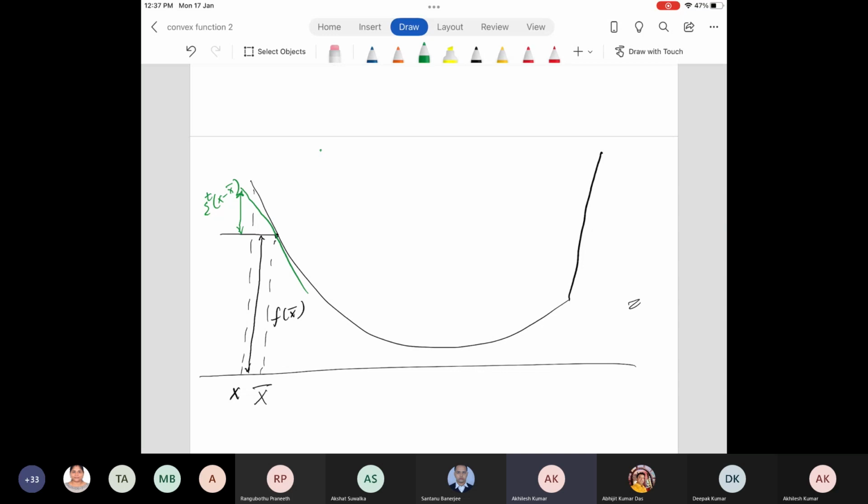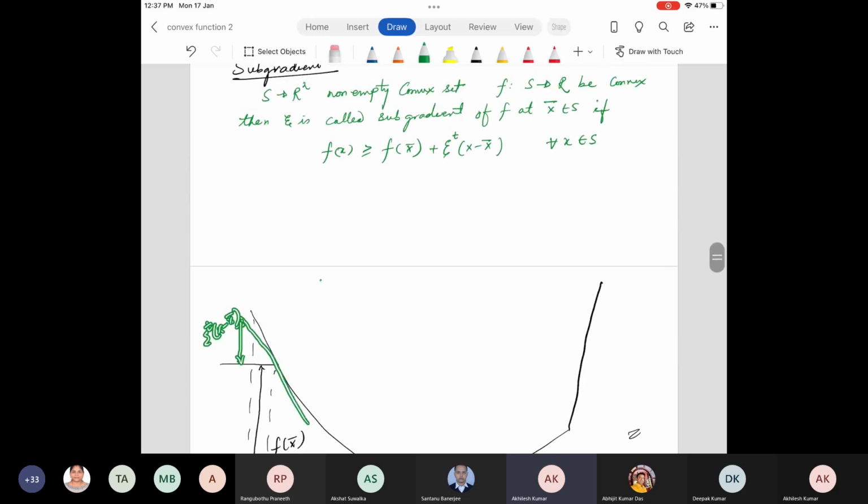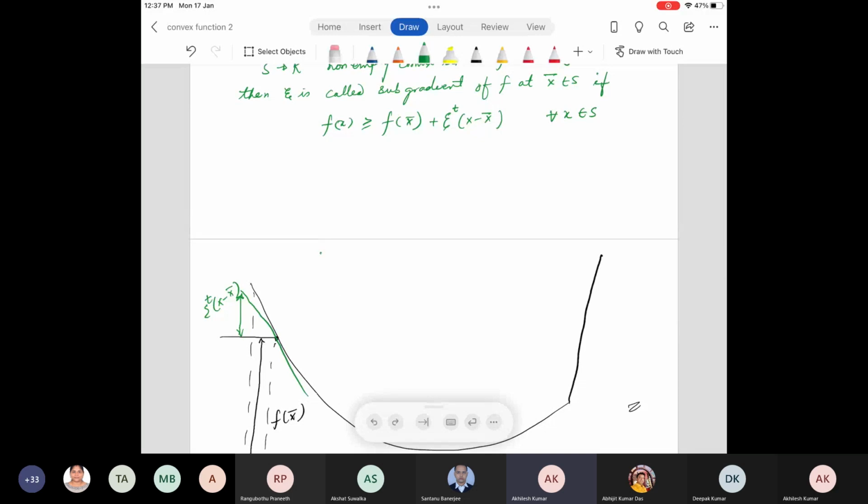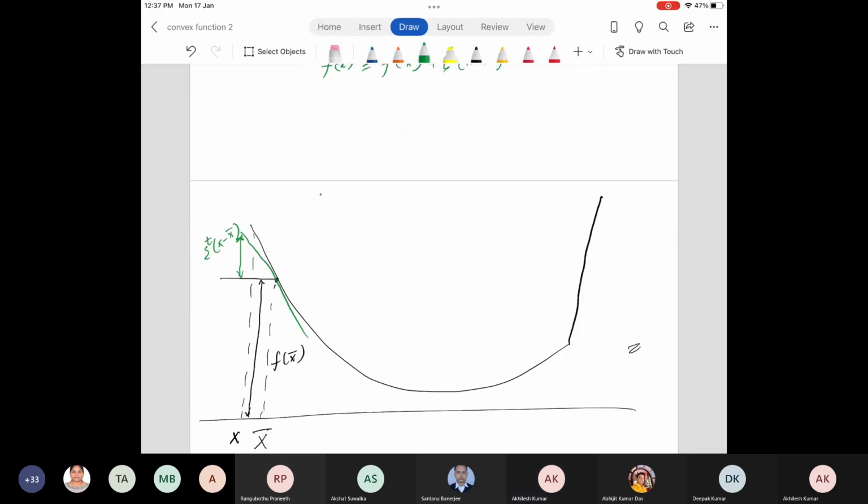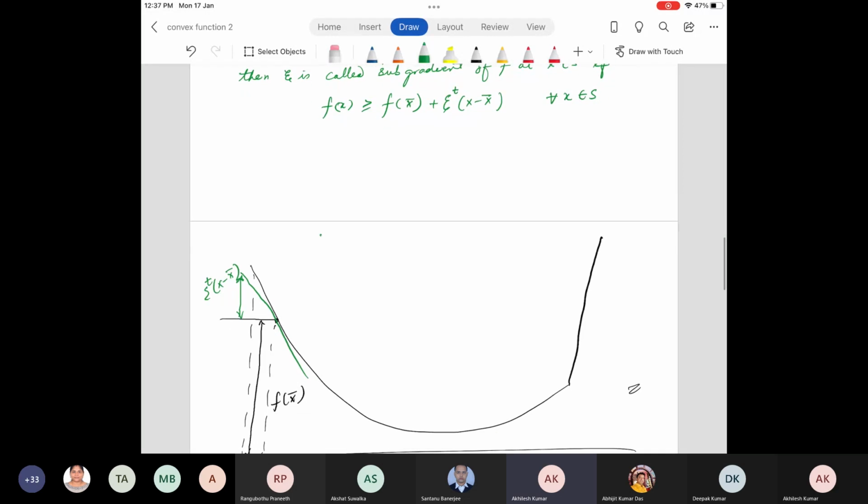So what we are seeing here, if you look at the value of f(x) at this point, it will always be greater than f(x bar) plus eta transpose (x minus x bar). Just look at it. This is the value of f(x). So the subgradient, that line which you have drawn, will always be below f(x). Does that make sense?